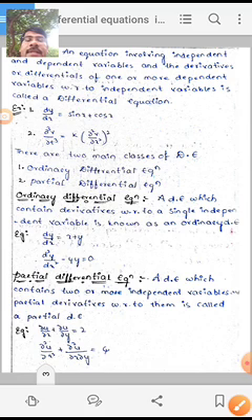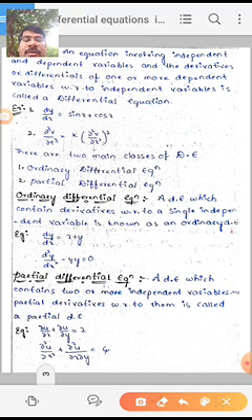Now coming to the partial differential equation. A differential equation which contains two or more independent variables and partial derivatives with respect to them is called a partial differential equation. That is, dou u by dou x plus dou u by dou y is equal to 2, and dou square u by dou x square plus dou square u by dou x dou y is equal to 4.